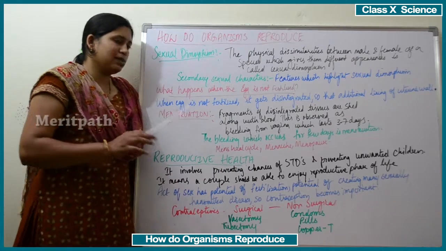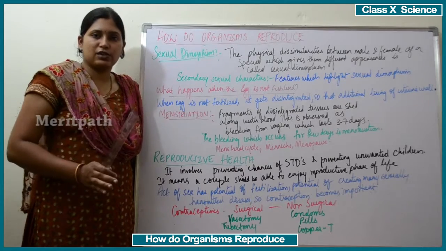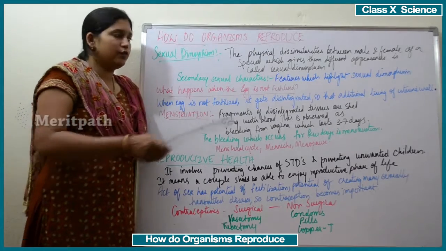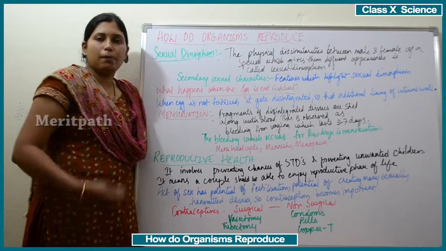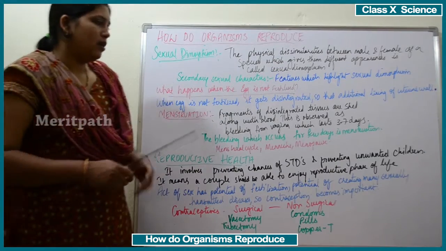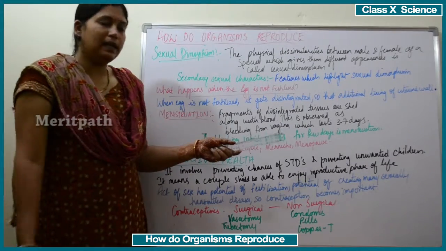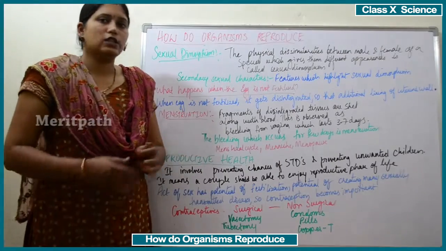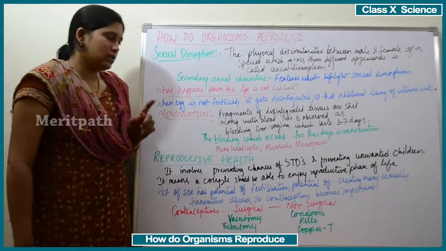So one menstruation lasts for 3 to 7 days.